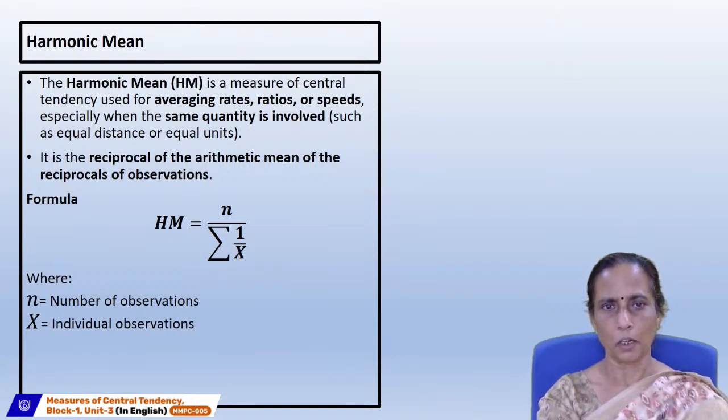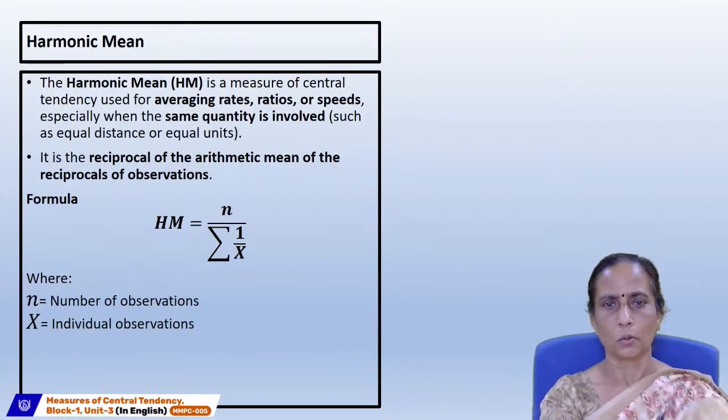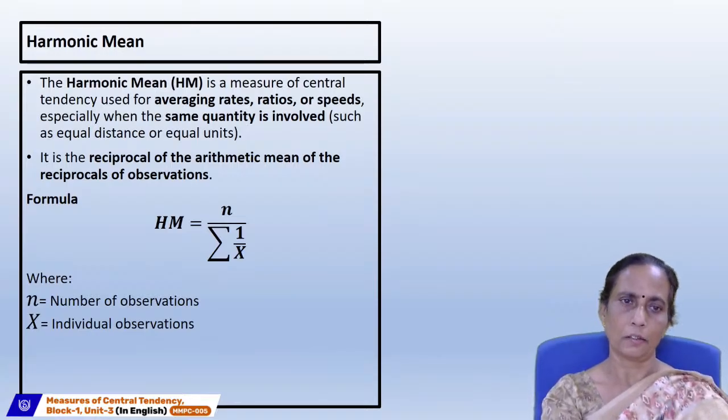So, one more is your harmonic mean. Harmonic mean is a measure of central tendency used for averaging rates, ratios, and speeds, especially when the same quantity, such as equal distance or equal units, is involved. Suppose you are calculating the average speed of a vehicle. In that case, you will be testing that particular vehicle over the same distance.